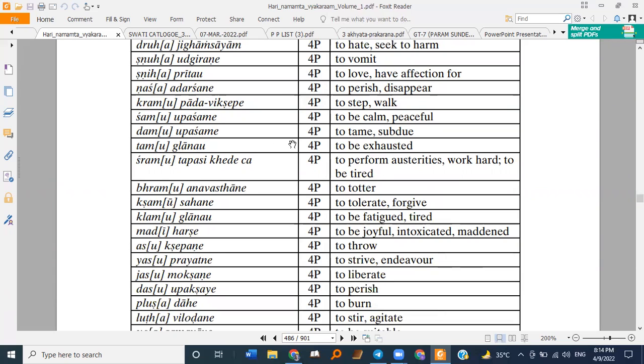Shramu, Tapasi, Khedicha, so words like Shrama. Shrama means hard work. And very nice, my Guruji told, that which removes the fatigue which arose from the hard work is called Vishram.